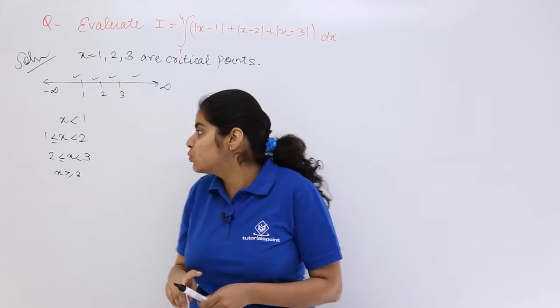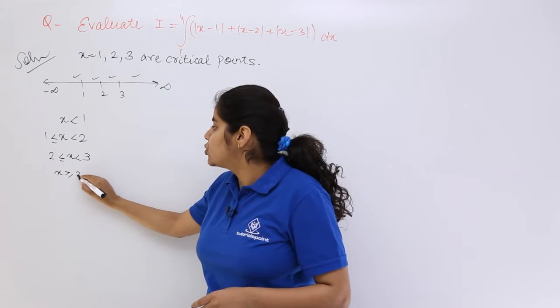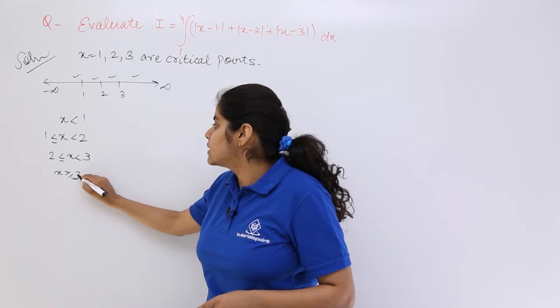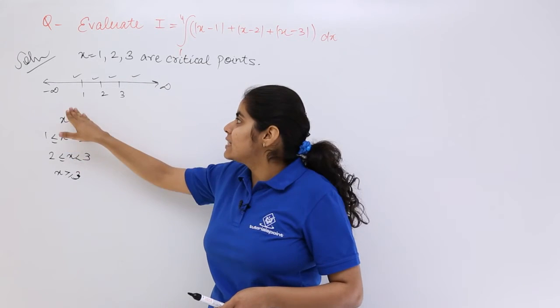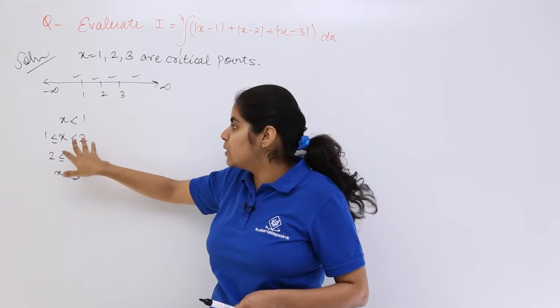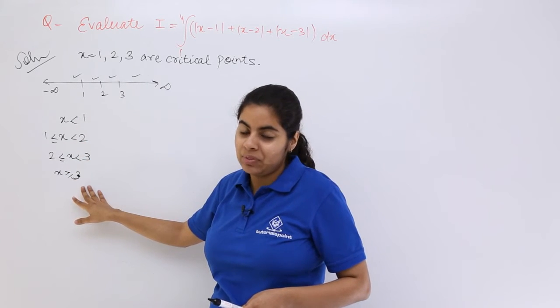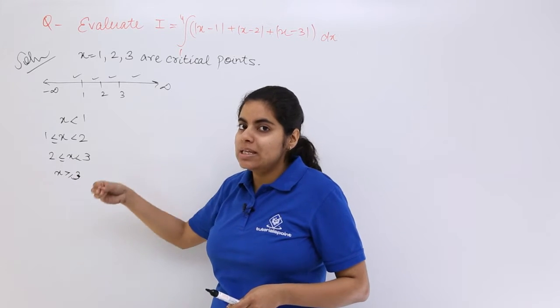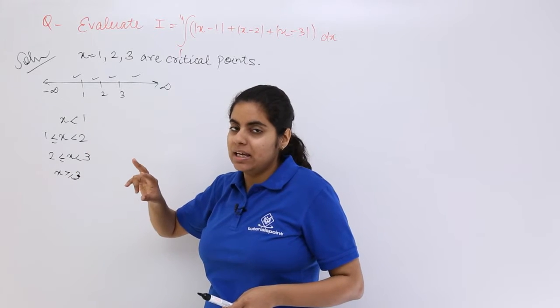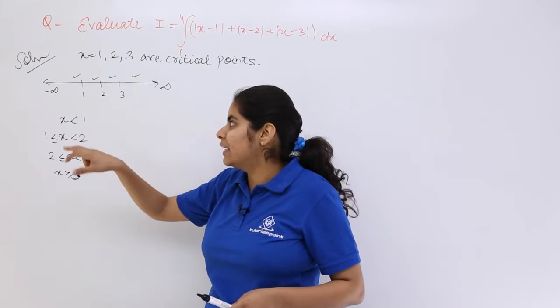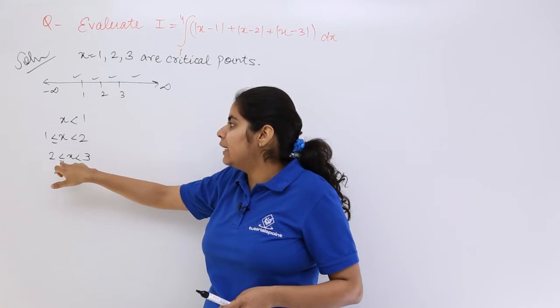So I am going to utilize all my knowledge in these 4 intervals: x less than 1, then 1 to 2, then 2 to 3, then 3 and above. Also, I want to see where I put the equality sign. Once there should be an equal sign, so I am going to use that for greater than.